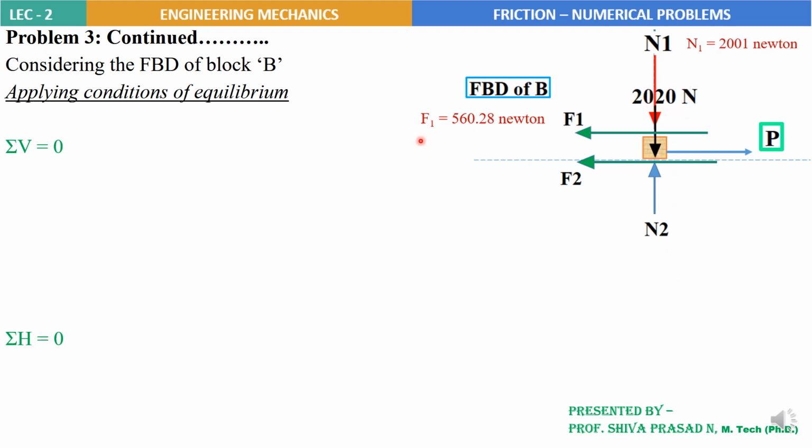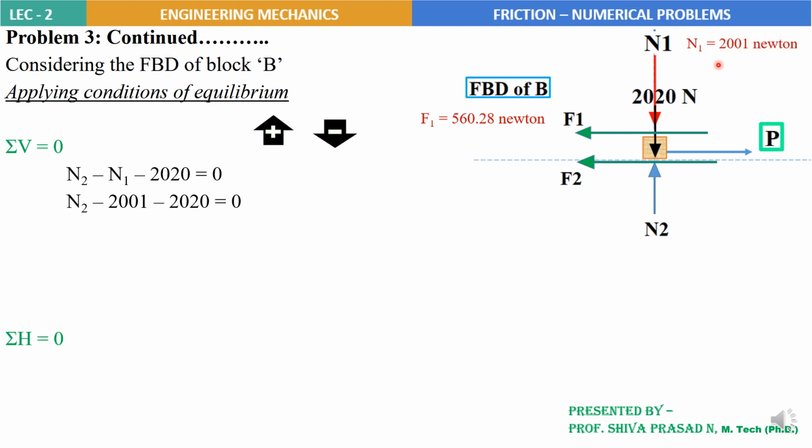Sign convention upward positive and downward negative. N2 upward, N1 downward and 2020 downward. So that's what we have here: N2 minus N1 minus 2020 equal to 0, and N1 we already have the value. N1 is equal to 2001 Newton. So we substitute that here and get the value of N2.